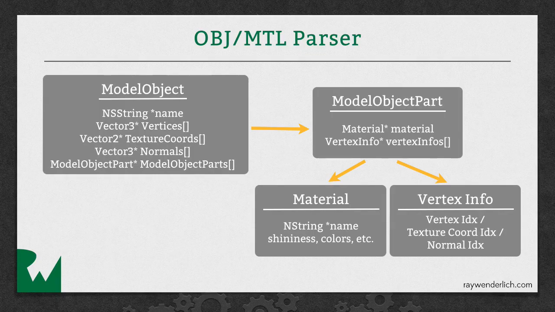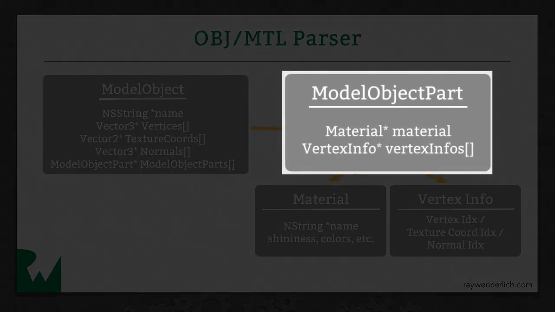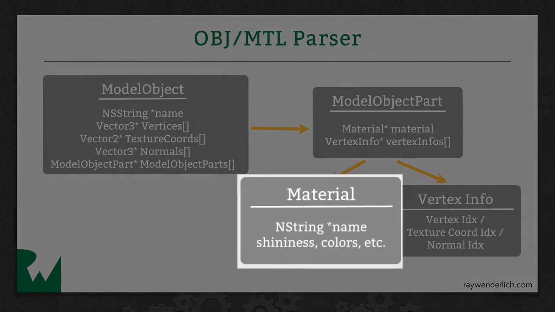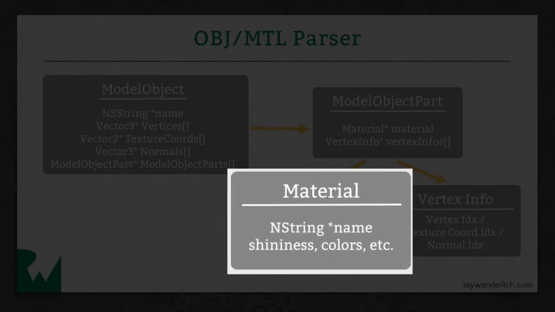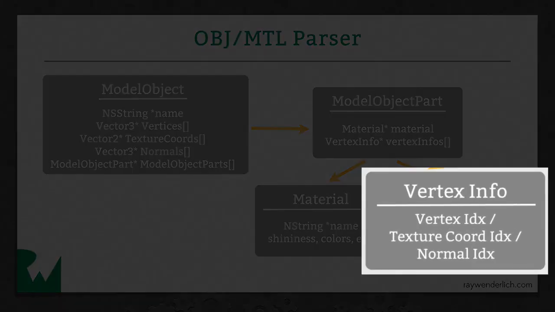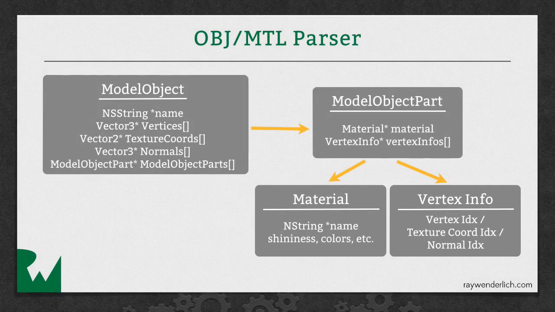Then it has a list of a couple of model object parts, which is another Objective-C object. This has an object that stores material information that it reads from the MTL file, and an array of vertex information. This is that index of the vertex, texture coordinate, and normal that it reads from the OBJ file. Given all of this information, step one is just reading it into a nice structure.